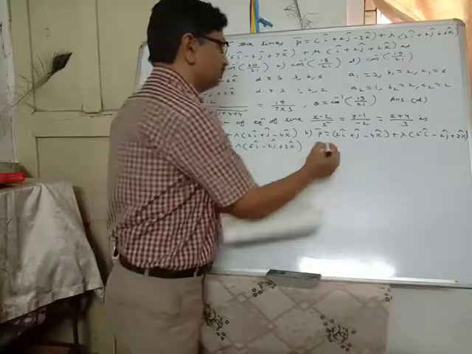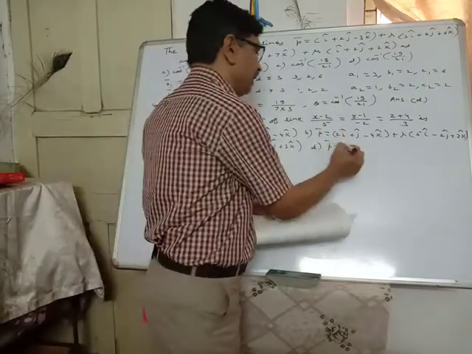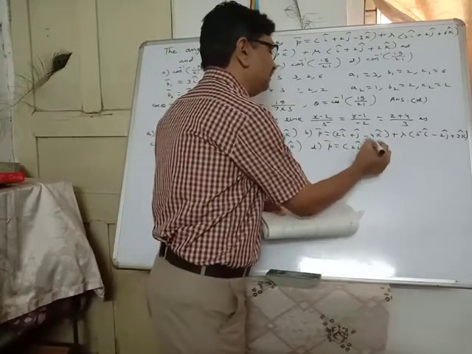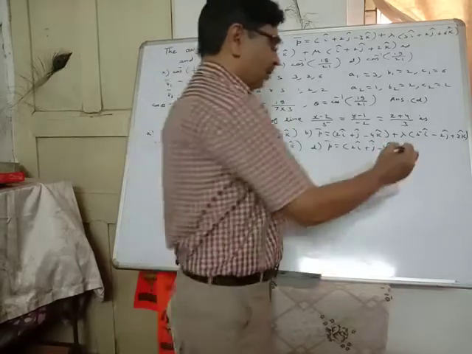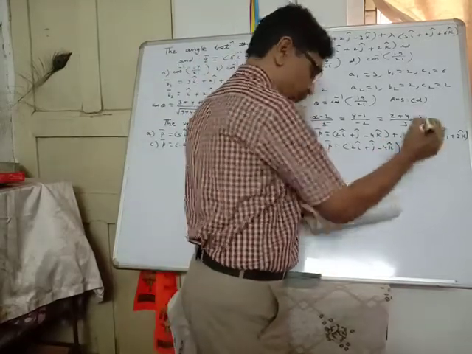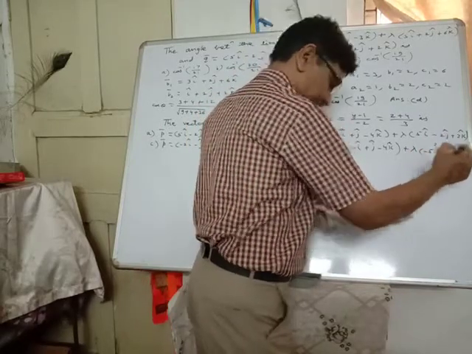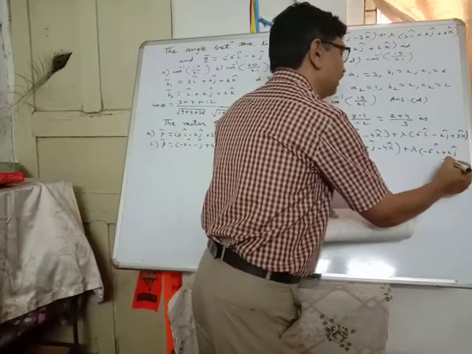Option D. P bar equal to in bracket 2i plus j minus 4k plus lambda into bracket minus 5i plus 2j minus 3k.